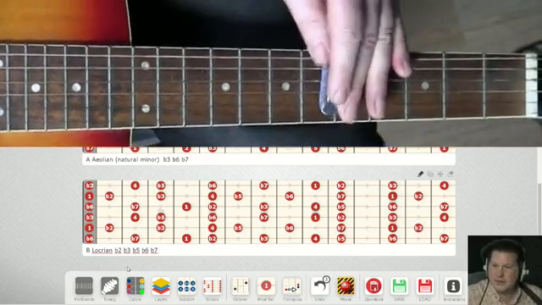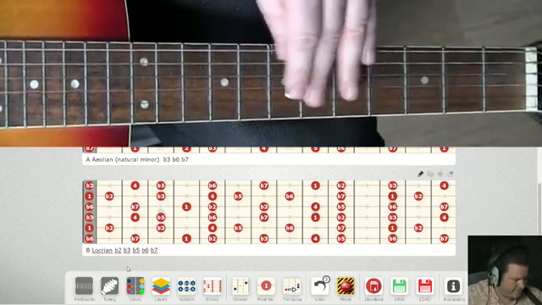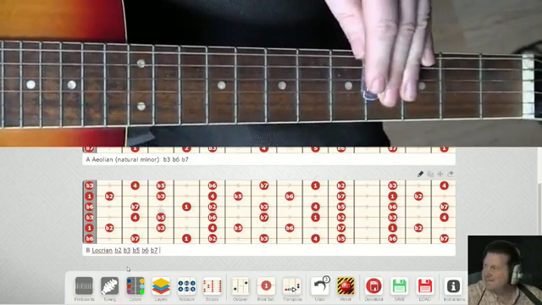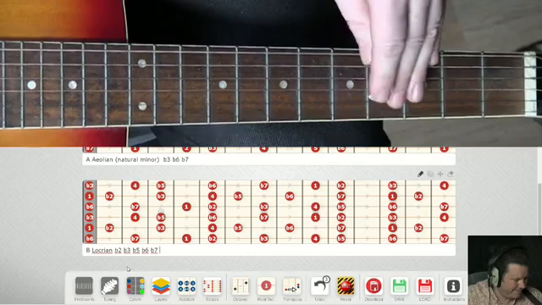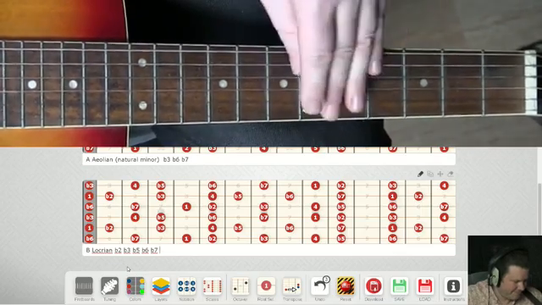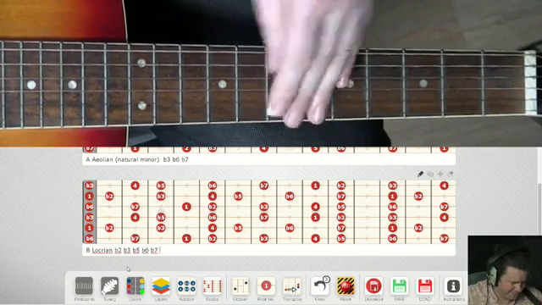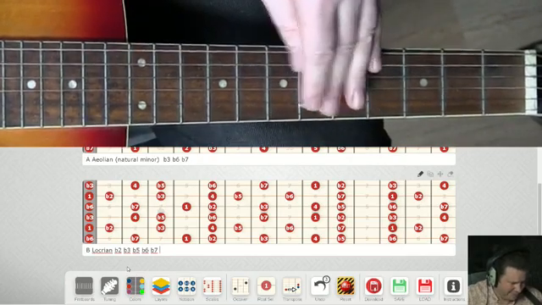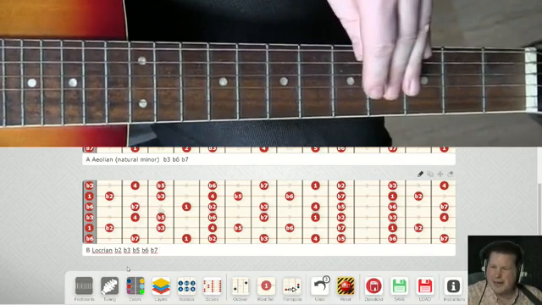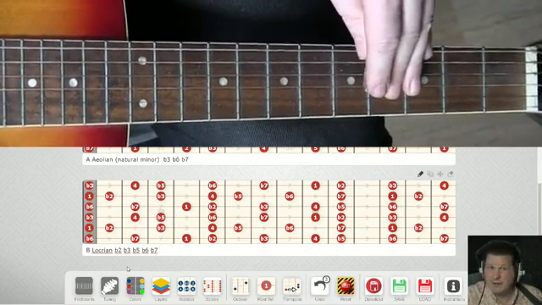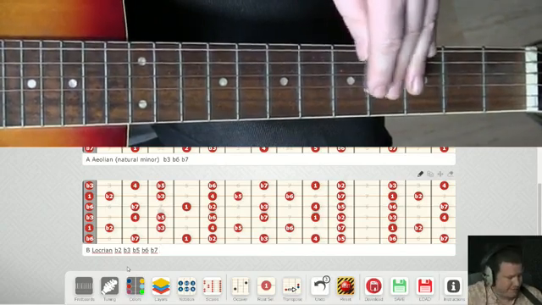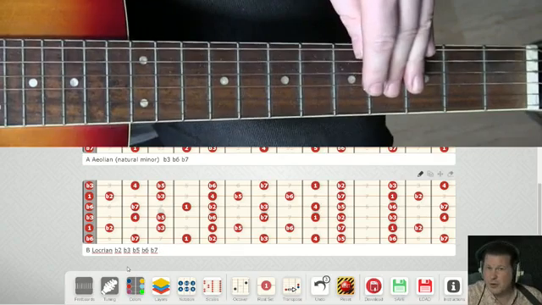2, 3, 4. I immediately played a C sharp when I didn't mean to. Just playing around with that 1, flat 2, 3, and you can see the flat 2 in that dissonance. It's not like playing a flat 2 over the minor chord in Phrygian.